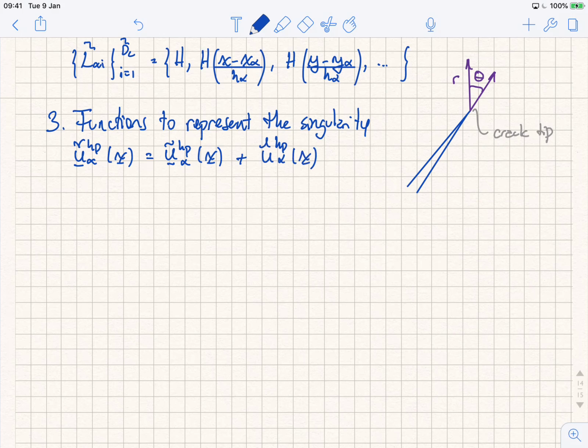Okay. So this is the continuous, and this is the discontinuous. Singular.